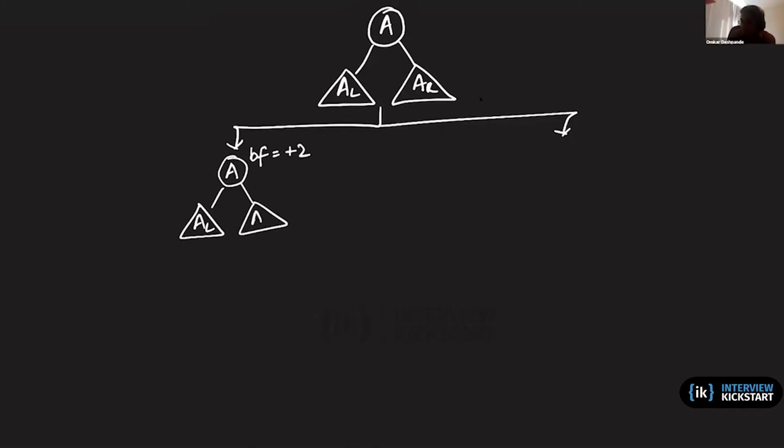If it's +2, it must be because one of the subtrees has height h, the other has height h+2. The other case is where the balance factor became -2, in which case the height of the left subtree is h, the height of the right subtree is h+2.